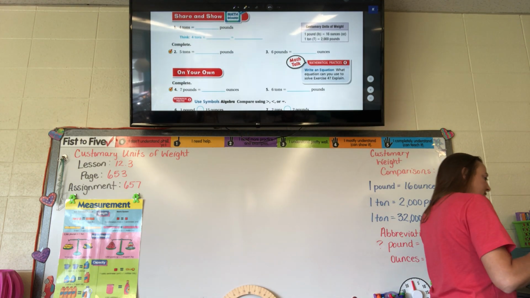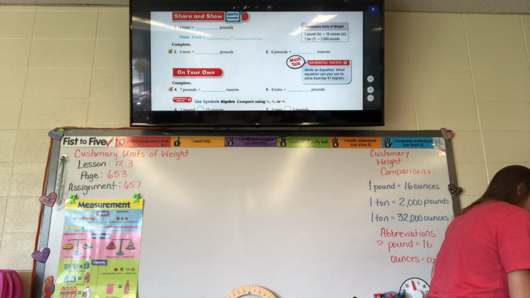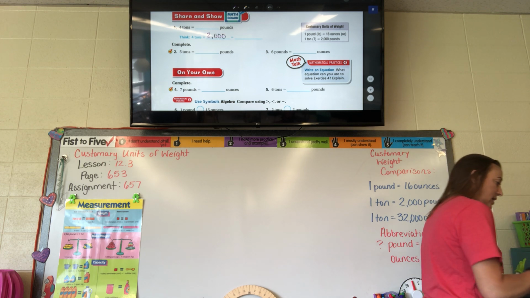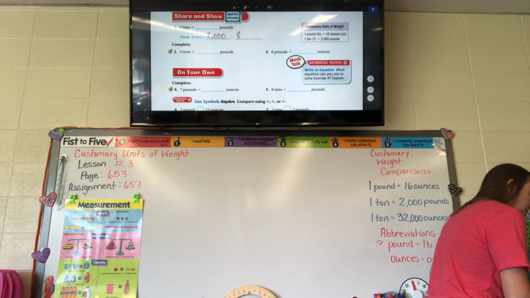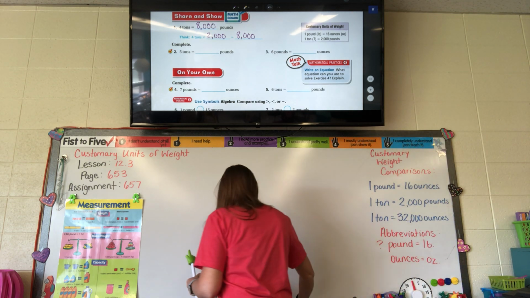Here we go. 4 tons equals how many pounds? So think 4 tons times 2,000 pounds in each ton equals 8,000. So 4 tons is 8,000 pounds. Now let me show you what I did there.